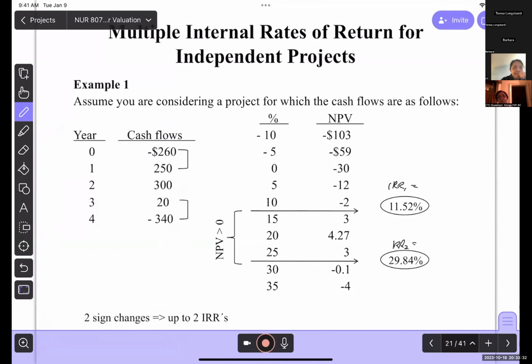Can you interpret just looking at the chart? I would say I should invest between 11.52 and 29.84. Right. So as long as the firm's discount rate is between 15 and 25, this is profitable because the NPV is positive. That's exactly what you do. Great job, TY.